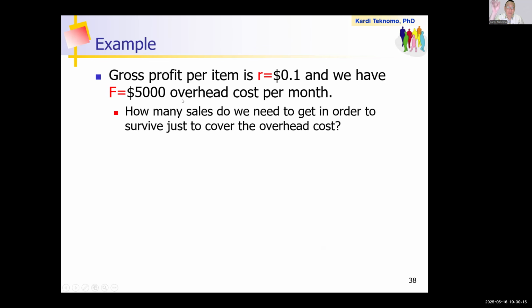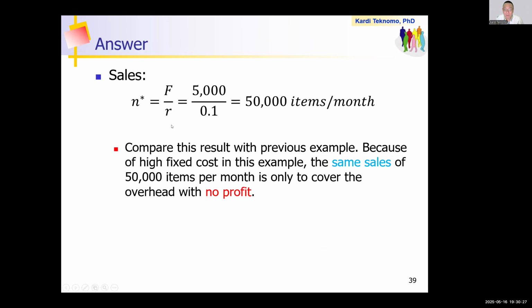If you know the target profit and the fixed cost, then you can get the minimum number of sales to cover your overhead costs. You can calculate using the simple formula. But be careful: when we put N star here, that's the number of sales or the demand, which means this is no profit.